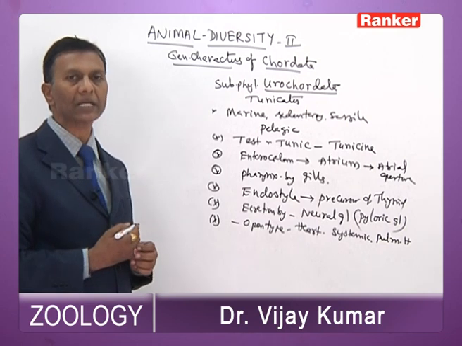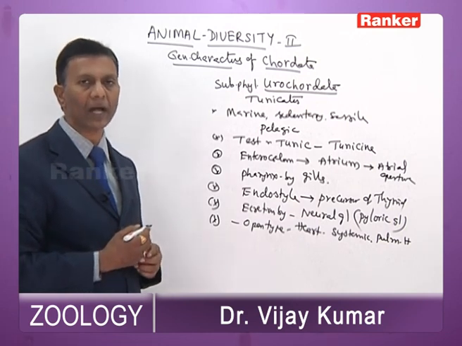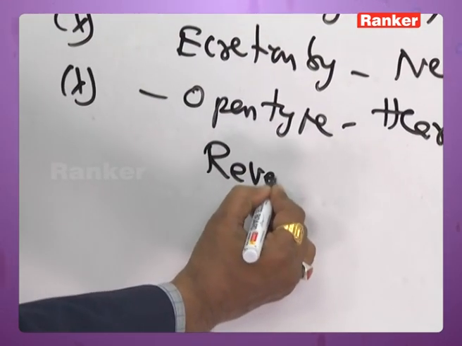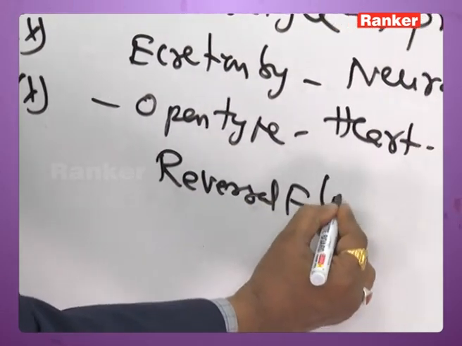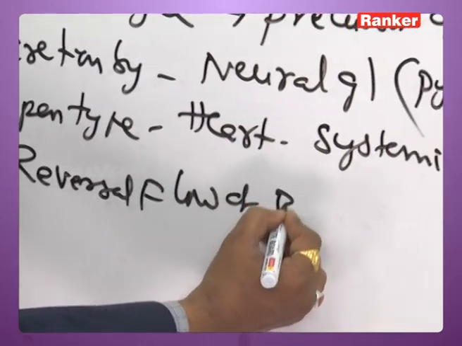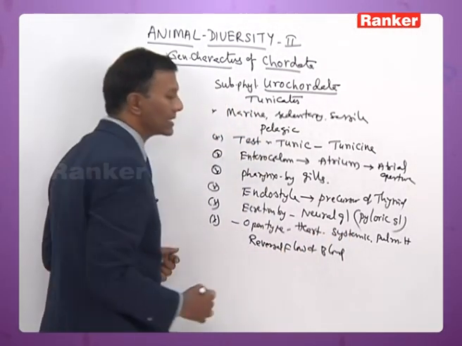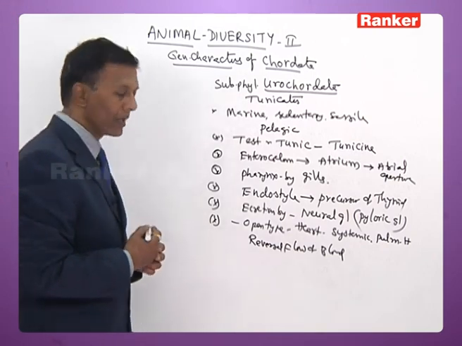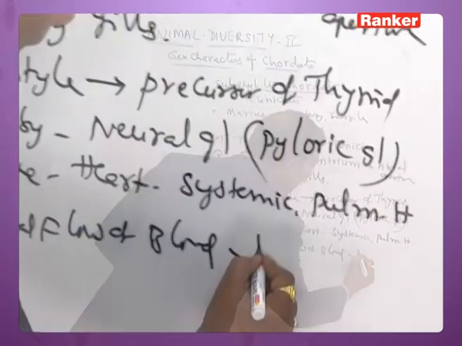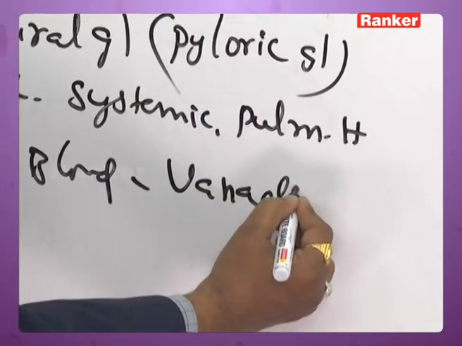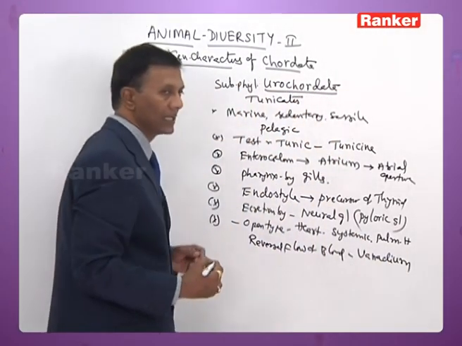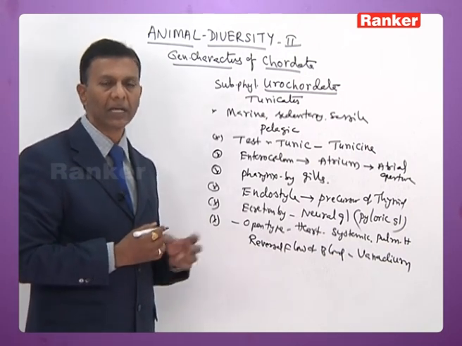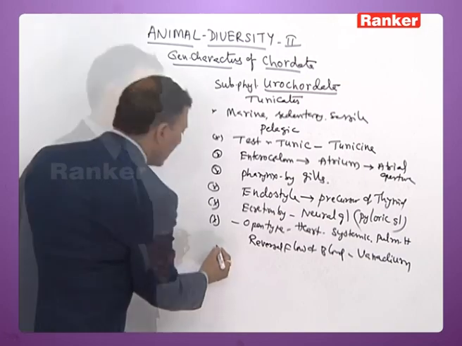It is ventrally placed and myogenic like that of other chordates. They have got reversal flow of blood, which is one of the unique characteristics of the blood vascular system of urochordates. Then a pigment called vanadium is present in certain blood cells called venadocytes.